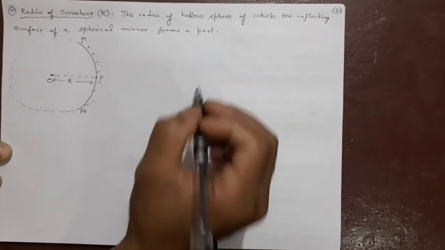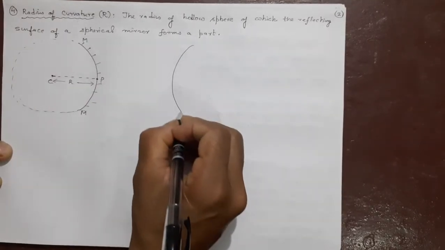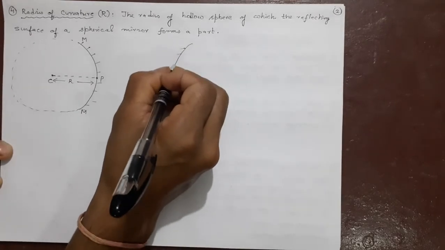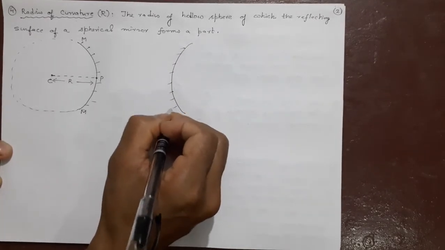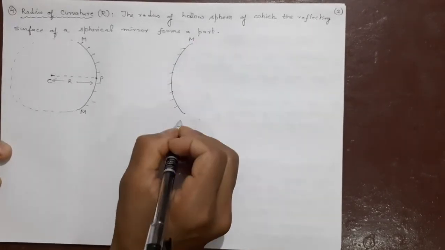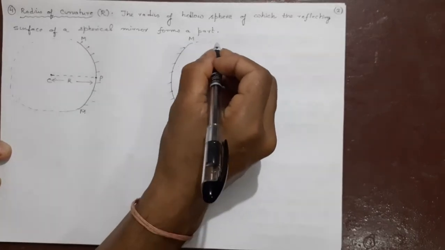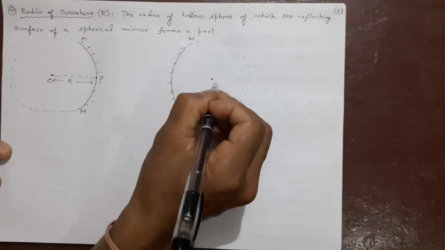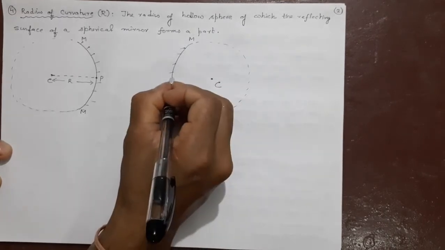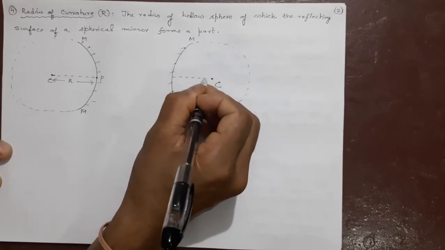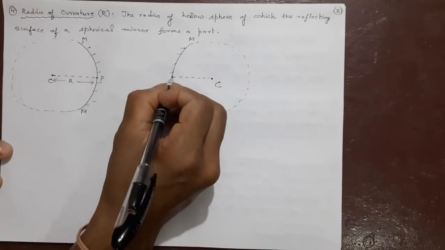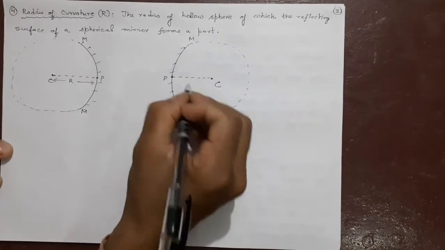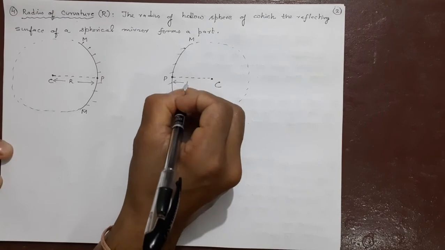Now for a concave mirror it will look like this. For convex, I think you can guess easily what it looks like. If this is a convex, you will have M dash. It is a part of a big sphere like this. Its center will be somewhere here. This will be your pole and this is the radius.